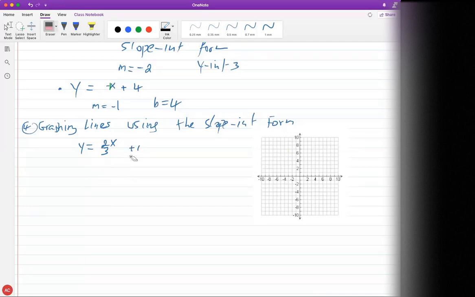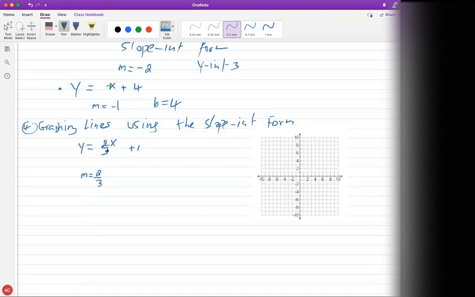What does this represent again? The positive one, what is it called? Well, first, let's start with the m. What is the slope? Everybody, what is the slope of this line? 2. Not just 2, but 2 over 3.